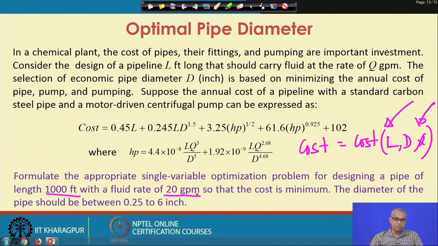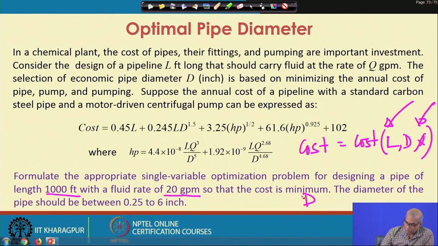So, we want to formulate an appropriate single variable optimization problem for designing a pipe length of 1000 feet with a fluid rate of 20 gallon per minute, so that the cost is minimum. And we also have a lower bound and upper bound on the pipe diameter.